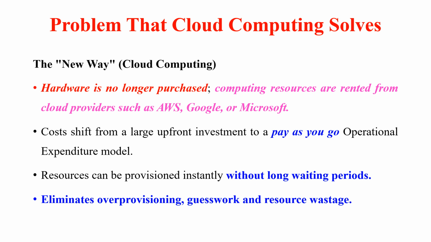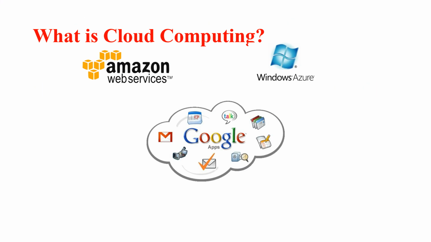The cloud providers are AWS, Google, or Microsoft. The main advantage of cloud computing is the pay-as-you-go model. We need to pay only for the usage of the resources. Other than that, we are not going to pay for it.